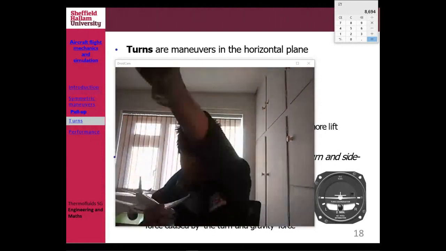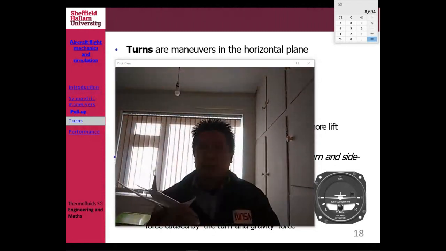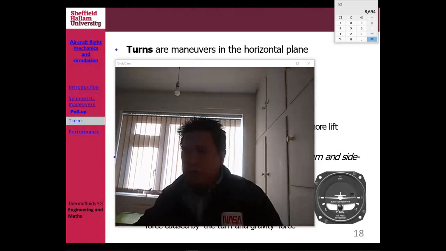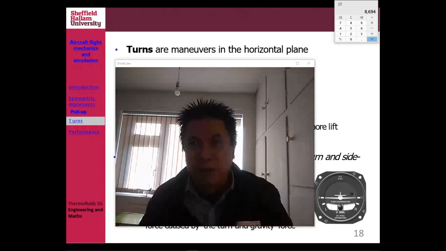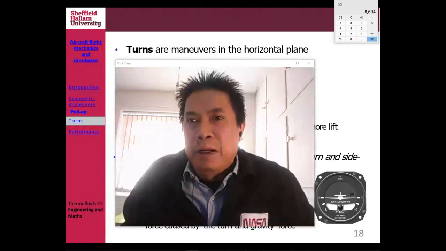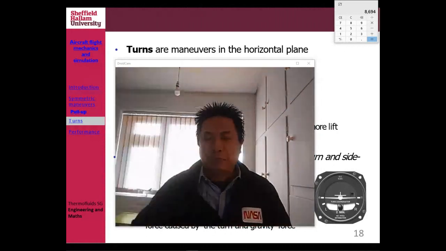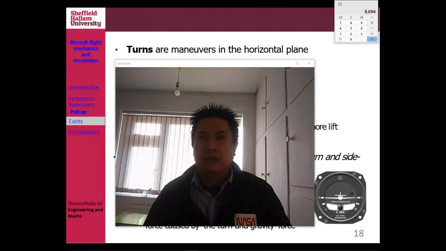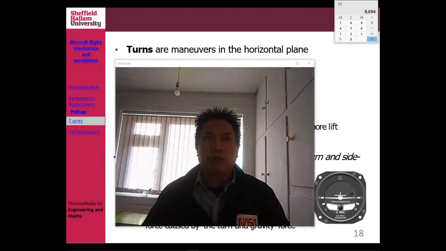Rather than make a turn, it's going to slide forward, which is quite dangerous in a car, and of course also for an aircraft. We call it an inefficient turn, a slip or skid turn.